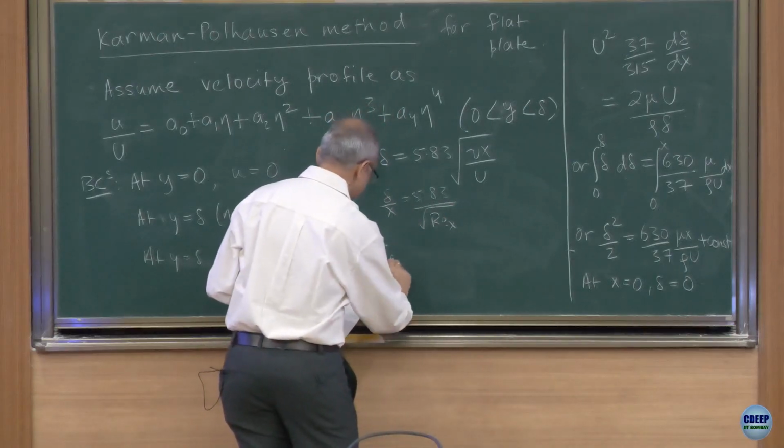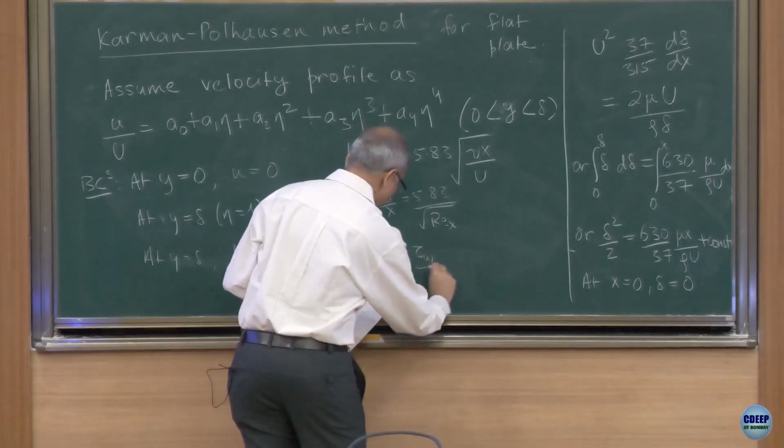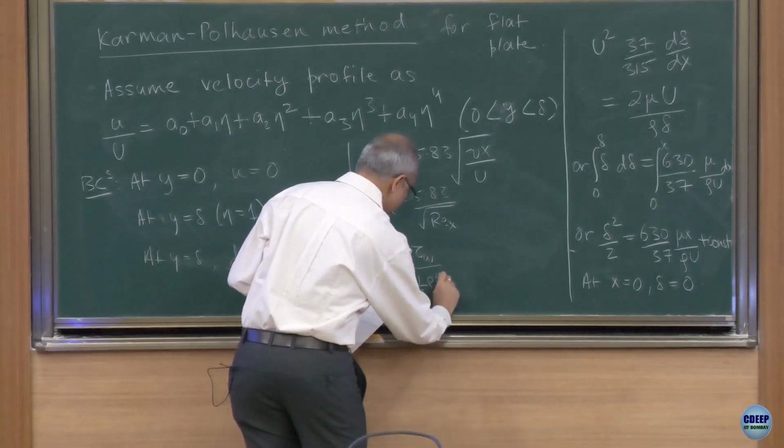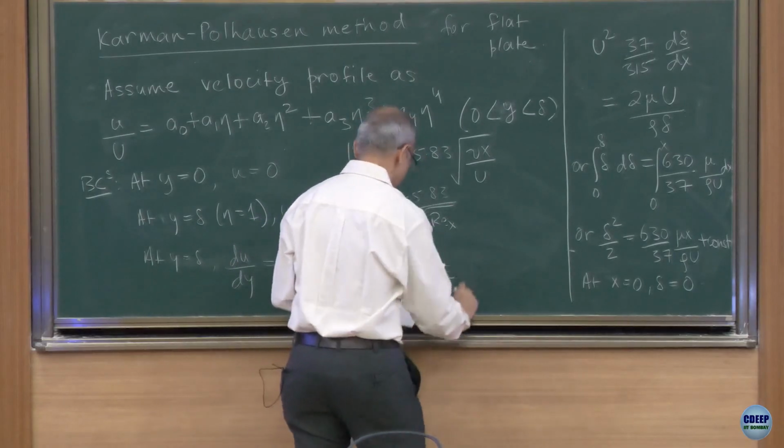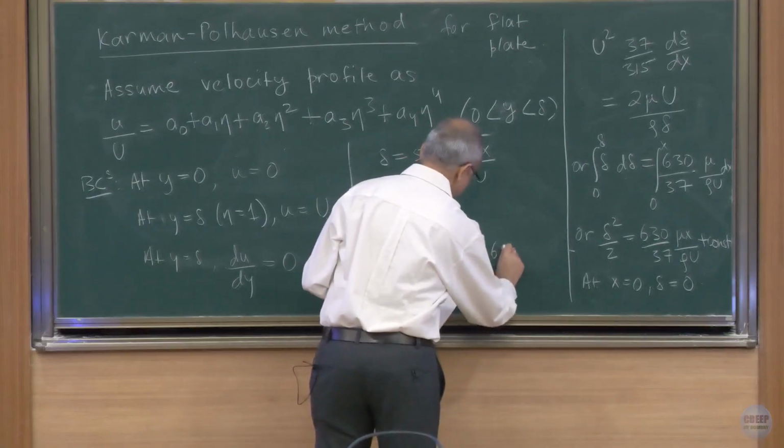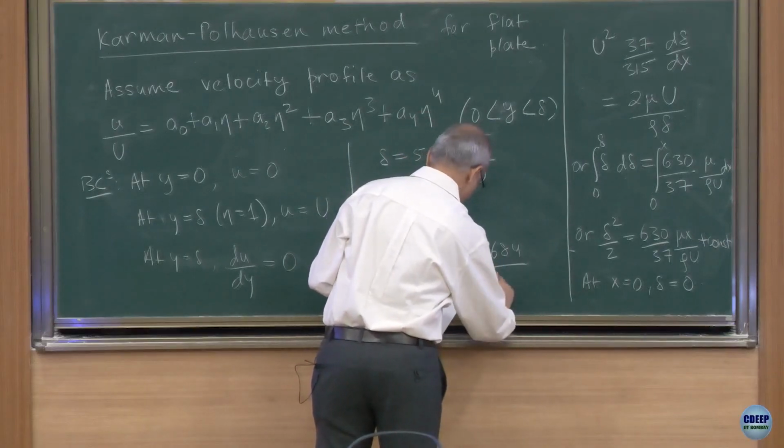And if you have to find out Cf, which was tau w upon half rho u square, this is equal to 0.684 upon square root of Re x.